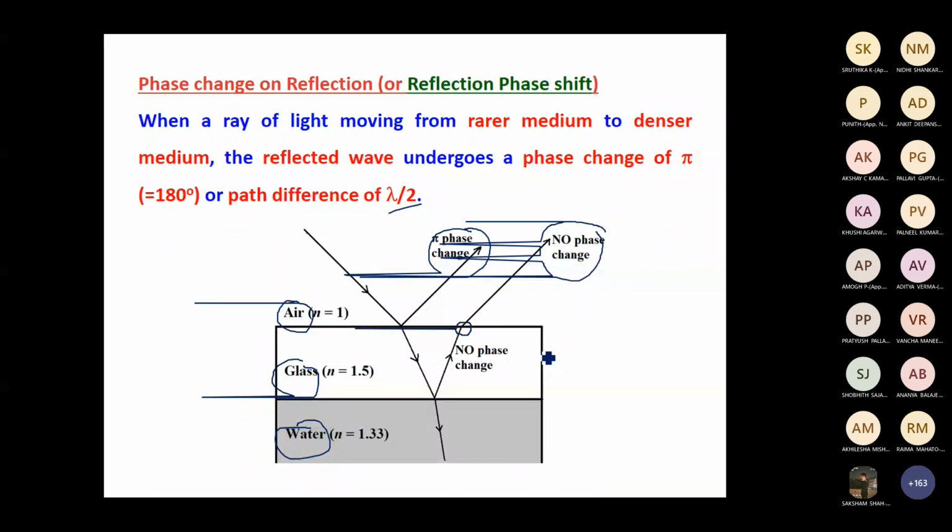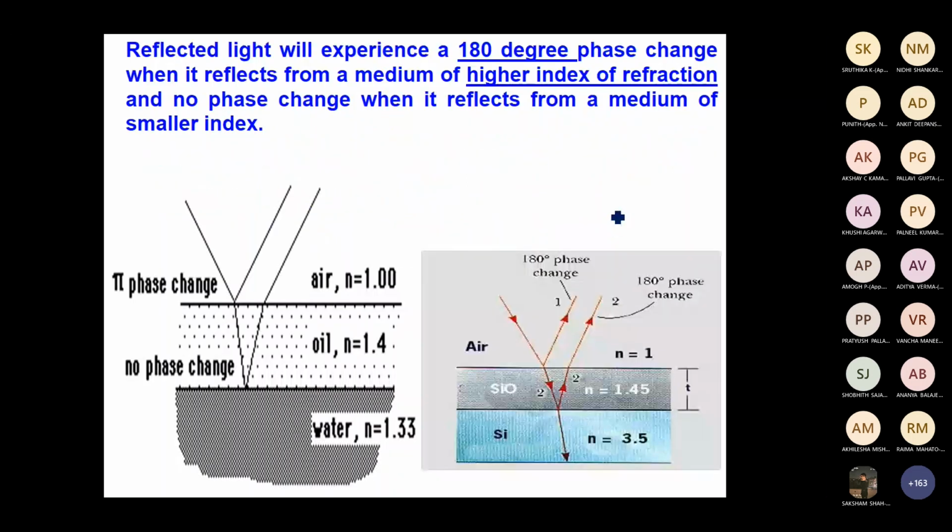We'll take a few more examples. There are two examples here, so this will clear things further. As a simple case, I was discussing a thin layer of oil on water. And please note, we are not discussing films in general; we are talking about interference from a thin film. Here the film is oil.